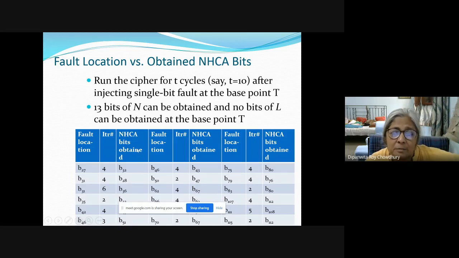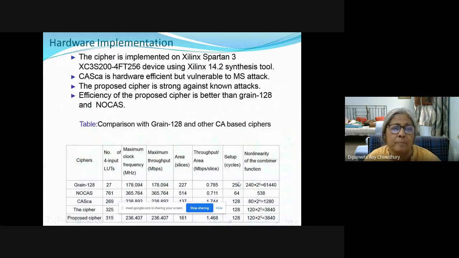Then the NHCA bits obtained are the bits we can obtain with this fault location and iteration, and these continue. We saw that at maximum we can get 13 bits, not more than that. So we cannot actually break the cipher.